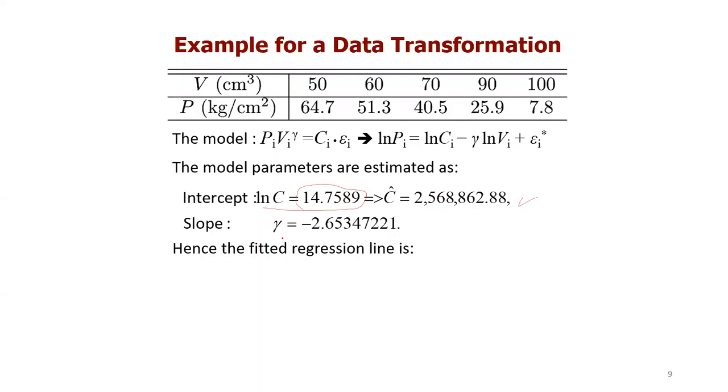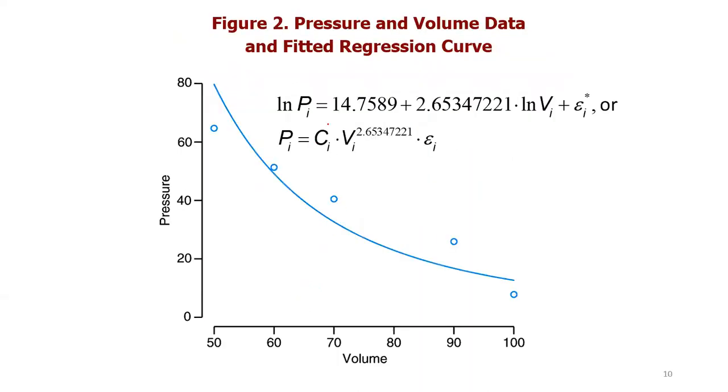And the gamma value turns out to be minus 2.6534 and so on. So the fitted regression line is ln of Pi is equal to 14.7589 minus 2.6534 times ln of Vi plus the error term.